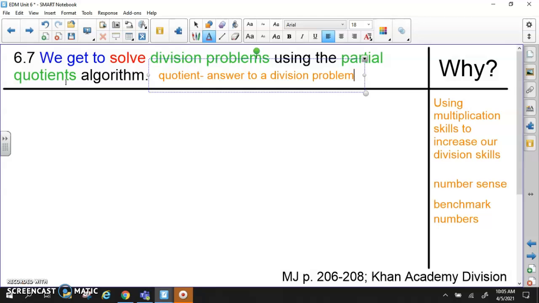Number one says there are 184 plants to put into pots. Each pot can hold 8 plants. How many pots are needed? To me, when it says each something can hold this, I immediately think of division.